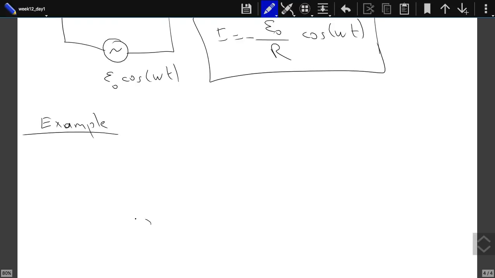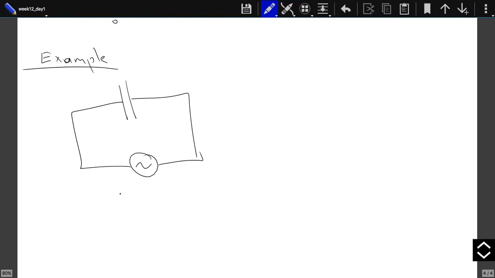Again, we have this AC source, but this time let's say we have a capacitor. Let's say this is positive, this is negative. What is the potential drop? What's the direction? Well, it's Q over C plus epsilon 0 cosine omega t.